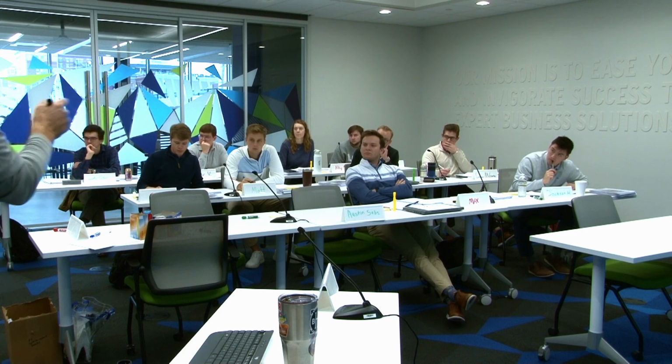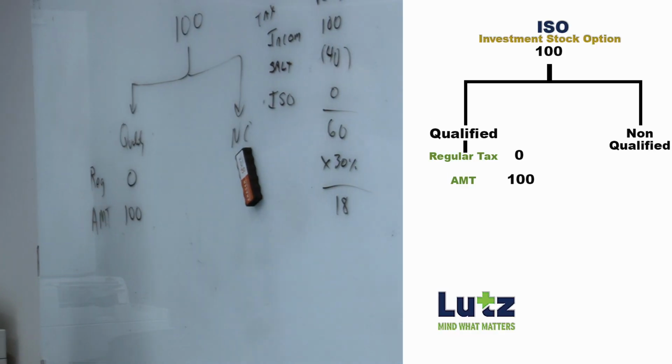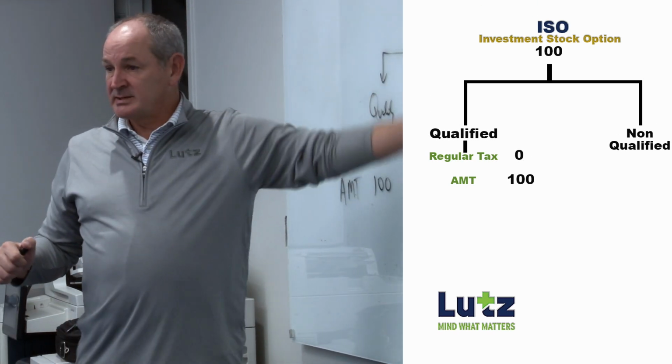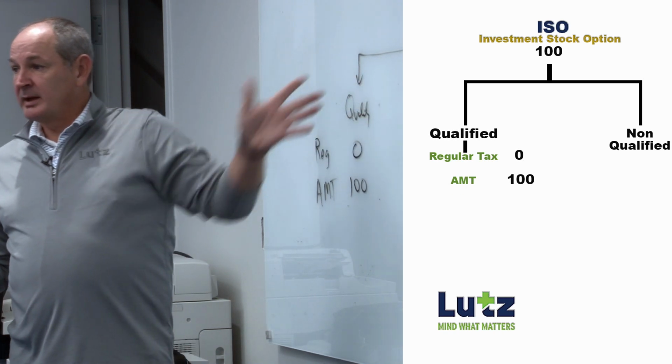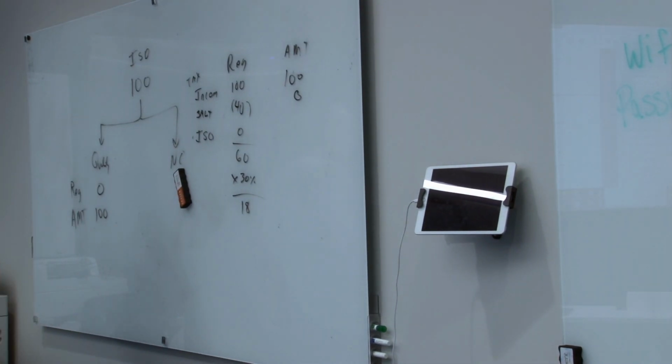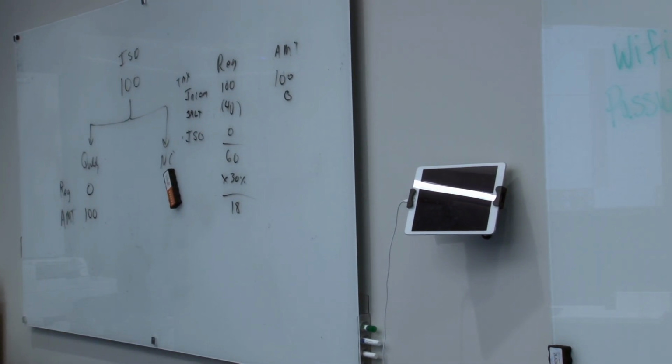But for AMT, they say it's $100. So now I go from my regular tax calculation column to my second tax calculation column to figure out which is which. Now I have $100 of income. I get 0 deduction for state and local.